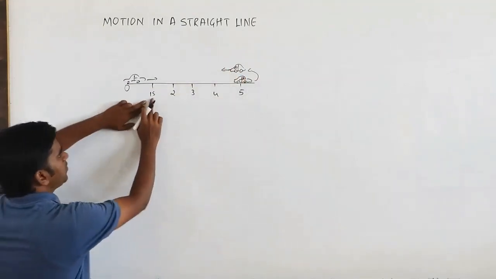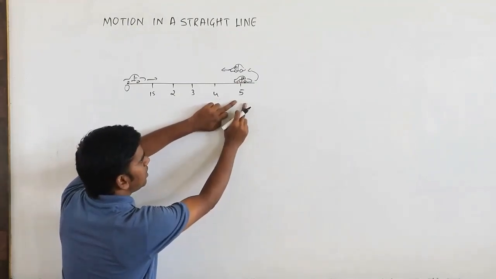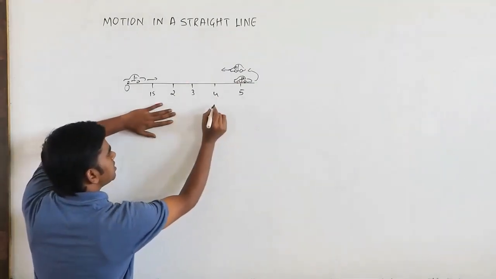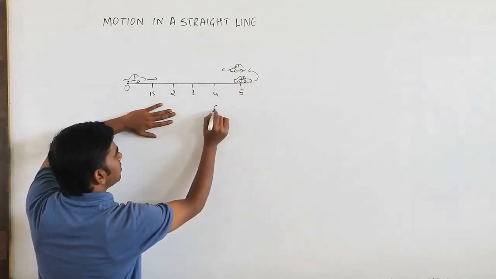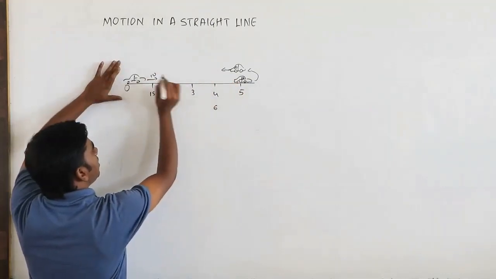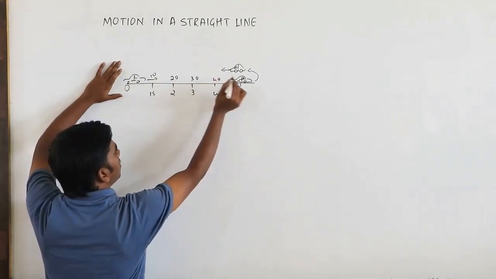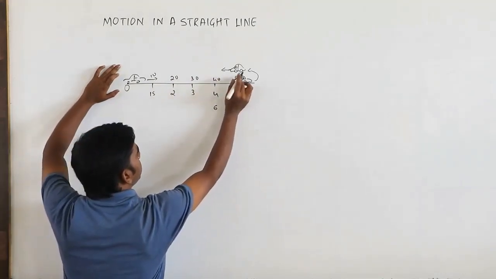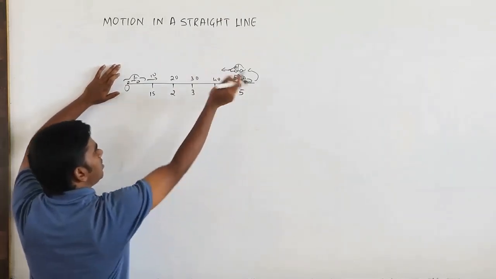Before it was here, now it is moving in this direction. So time 1 second, 2 second, 3 second, 4 second, 5 second. Again from 5 it will start, 6th second. At 5 seconds it will go to the top, then in the 6th second it is coming back. Here it was 10, 20, 30, 40, 50. Here it is 50. Okay, so now it is coming back.